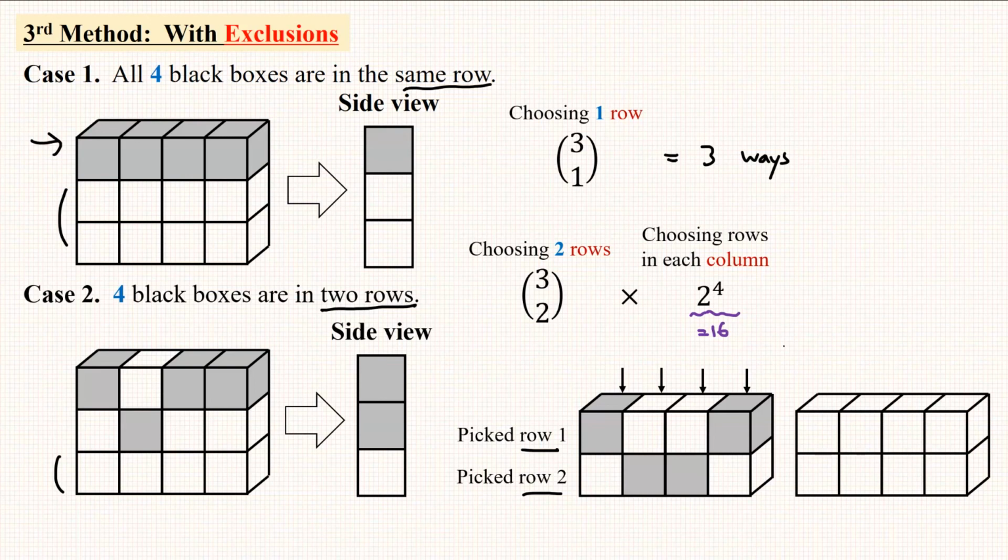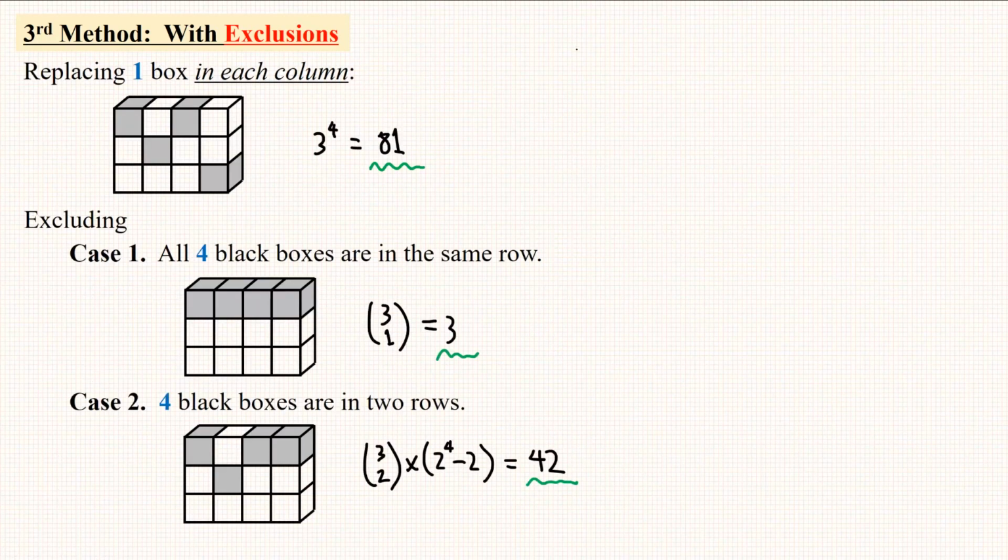However, these 16 cases contain 2 cases where all 4 black boxes are in the same row, which should be excluded. Therefore, there are 3 times 16 minus 2, so we have 42 ways where 4 black boxes can be in exactly 2 rows. So we have calculated the number of ways in these cases.